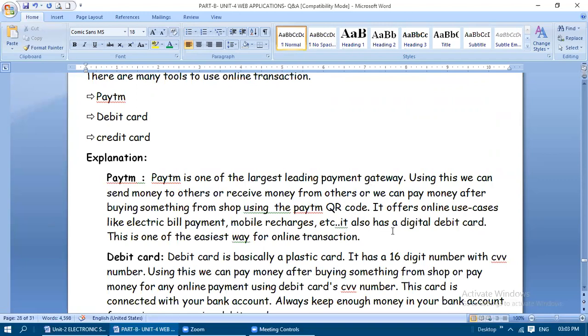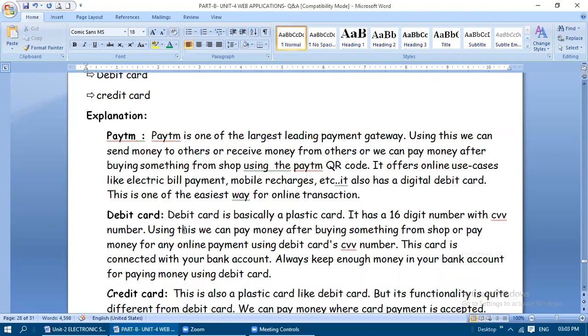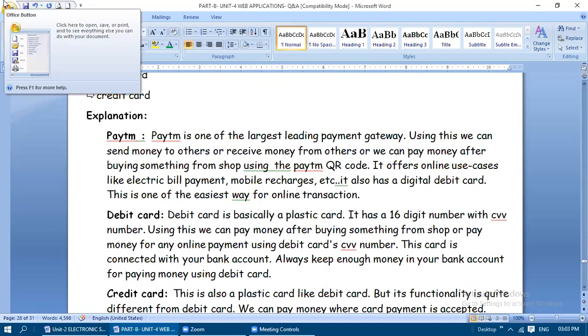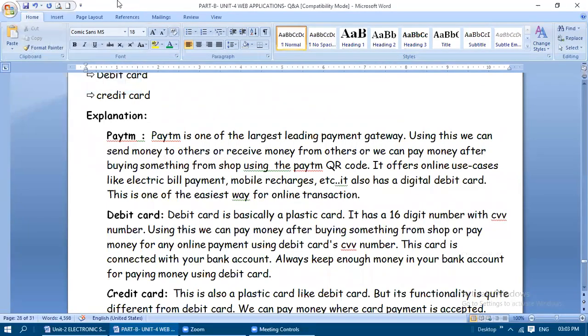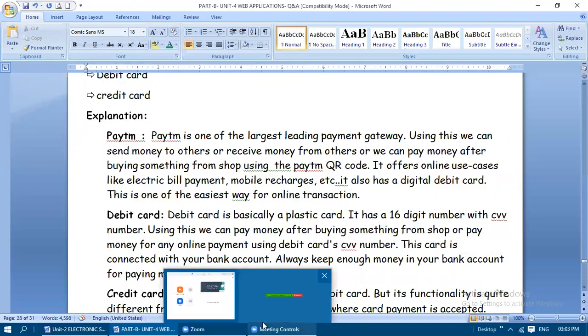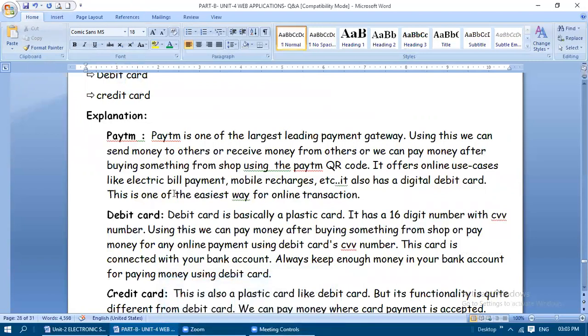It also has a digital debit card. This is one of the easiest ways for online transactions. Even Google Pay is also offering like that. So there are many online transaction apps that we can use for buying things, and we can shop also using that. Okay, so using the apps.